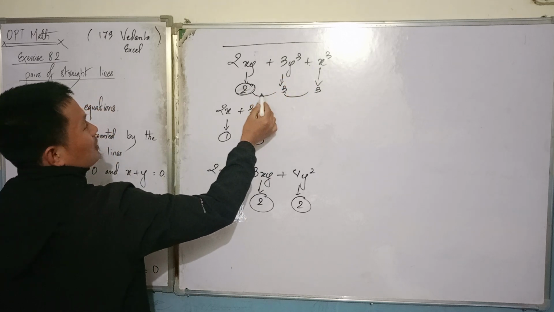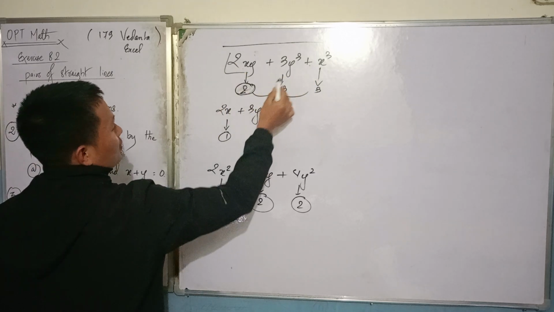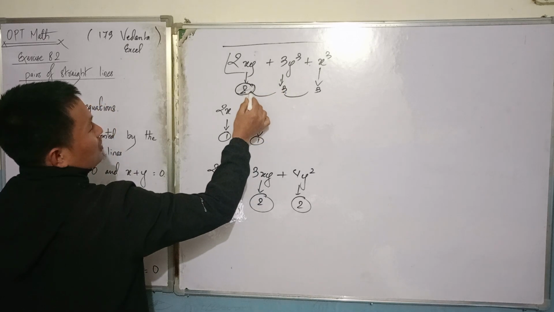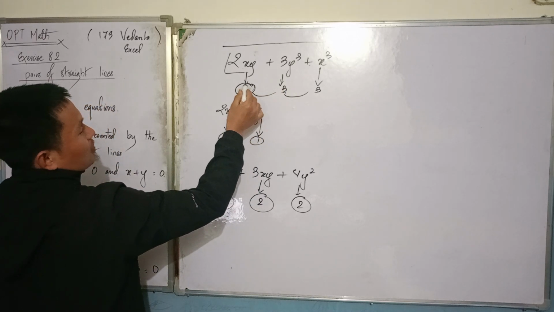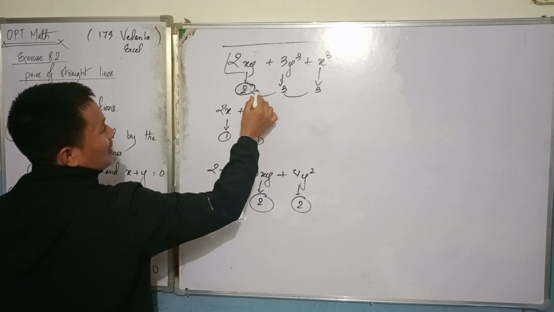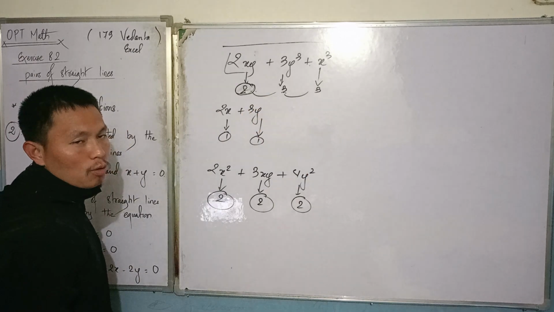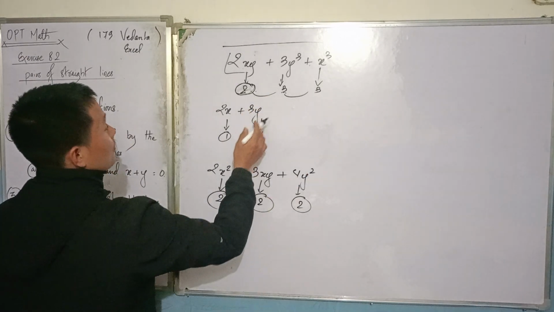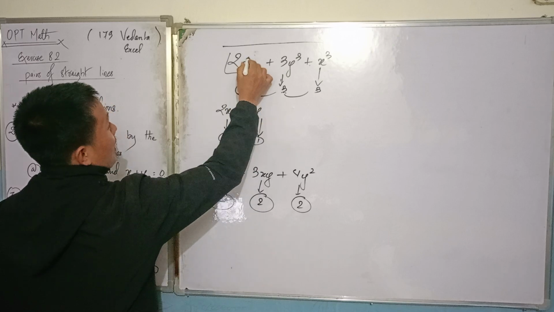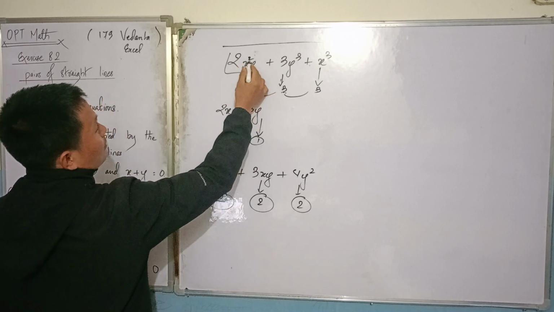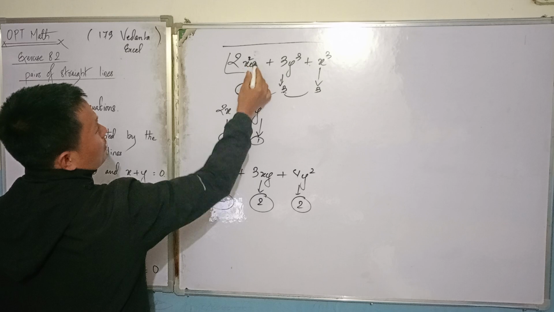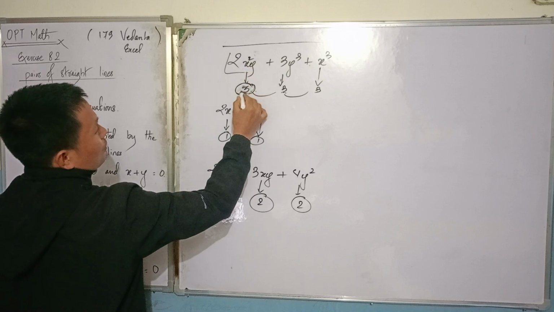Because of this difference in degree, it is not a homogeneous equation. Either this should be x squared y, so the powers sum up to make the degree 3.